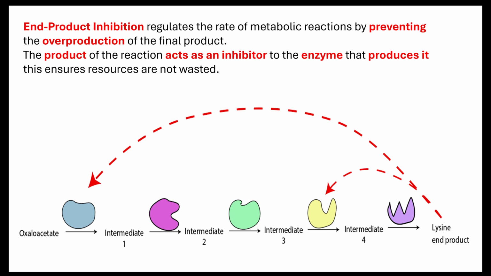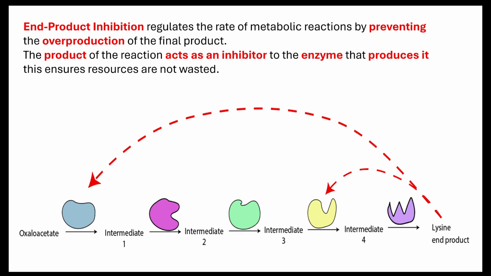And each one, the substrate is converted into the product by the enzyme catalyzing the reaction. Well, if we inhibit the production of intermediate 1, we can stop lysine being produced. If we inhibit intermediate 3, we can stop intermediate 4 being produced and therefore inhibit lysine, that end product.